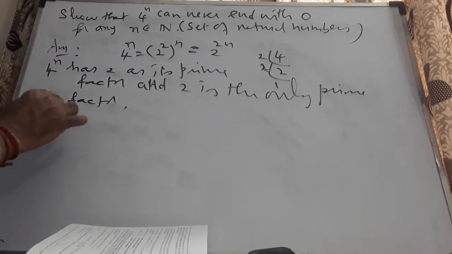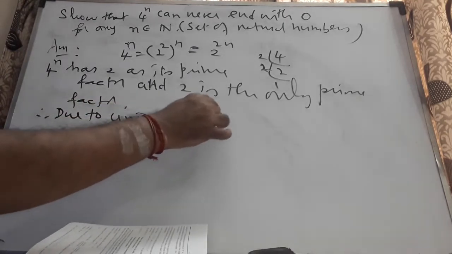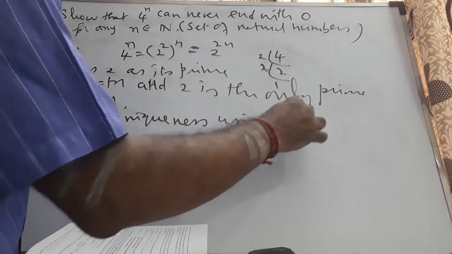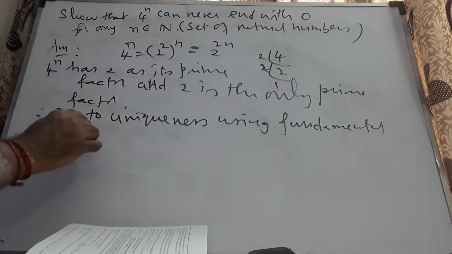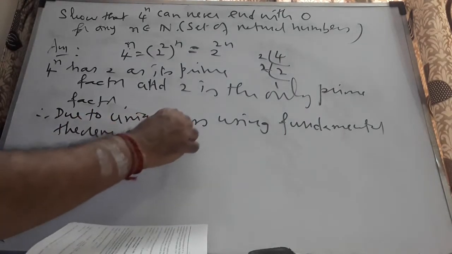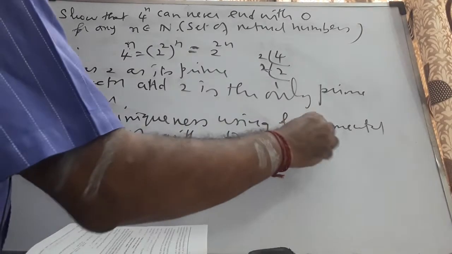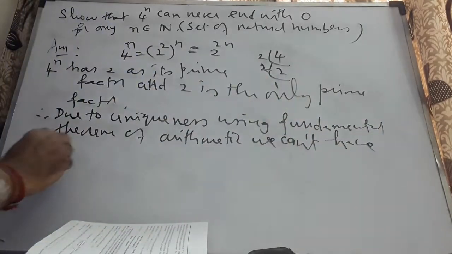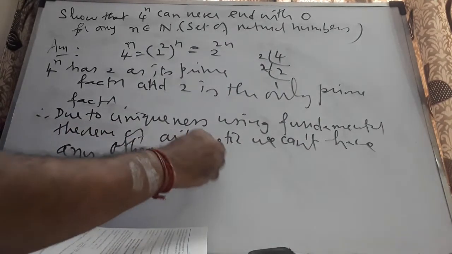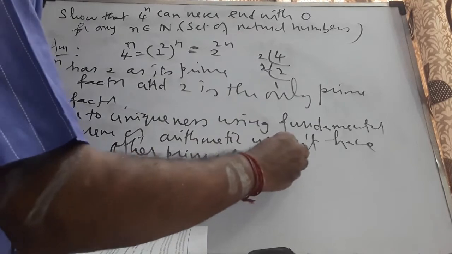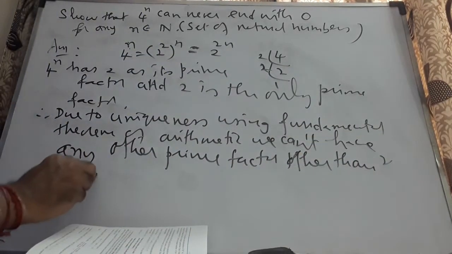Okay, therefore, due to uniqueness, using the fundamental theorem of arithmetic, we can't have any other prime factor other than 2 here.